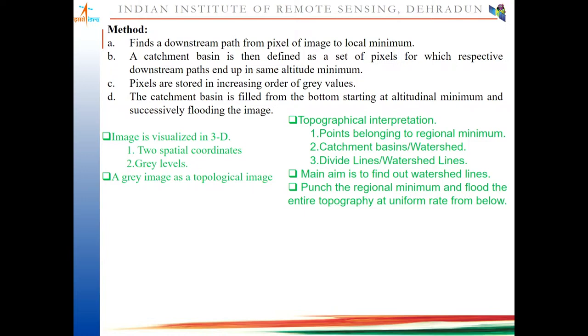Then the catchment basin is defined as a set of pixels for which respective downstream paths end up in the same altitude minimum. Pixels are then stored in increasing order of gray values, and the catchment basin is filled from the bottom, starting with the minimum altitude and successively flooding the image.